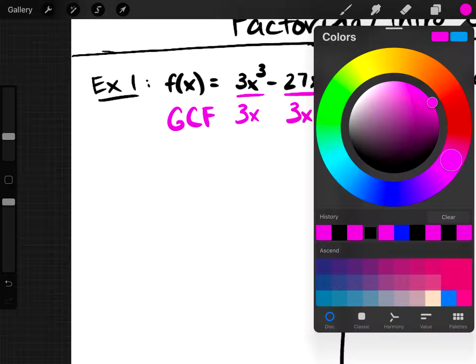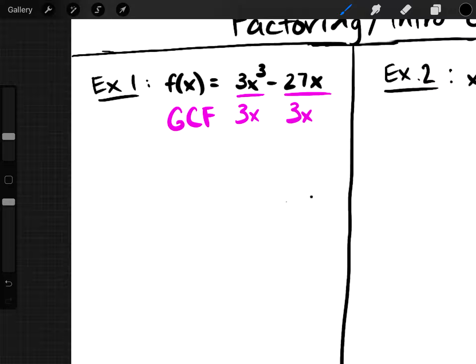That's your greatest common factor. So we end up with 3x on the outside, and what's left over is 3 divided by 3 is 1, x cubed divided by x is x squared, minus 27 divided by 3 is 9. There's no x's left over. So good, we factored out the greatest common factor.